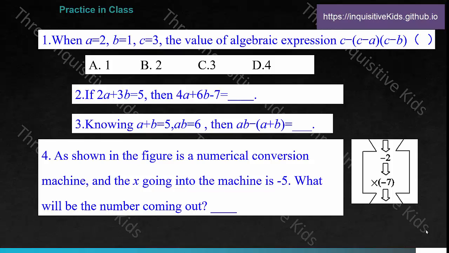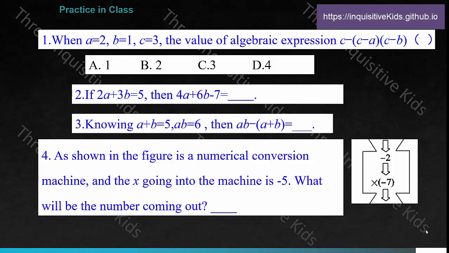Now let's do some practice exercises. When A equals 2, B equals 1, and C equals 3, the value of the algebraic expression C minus the difference of C and A times the difference of C and B is equal to A: 1, B: 2, C: 3, and D: 4.